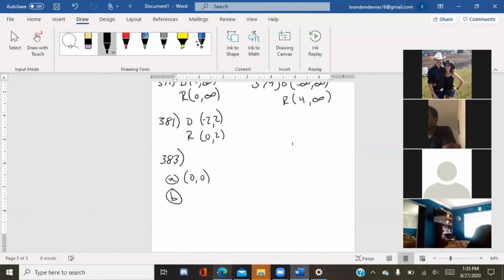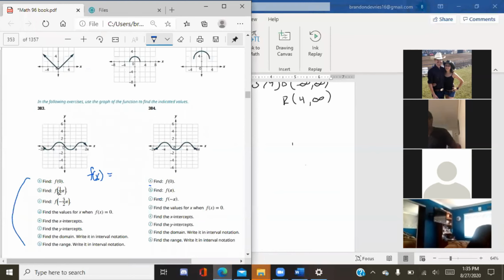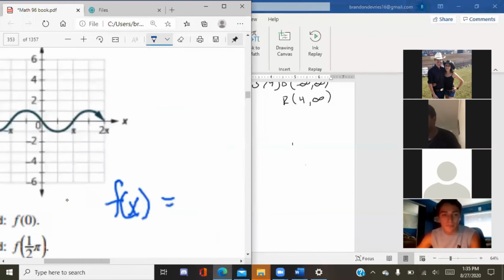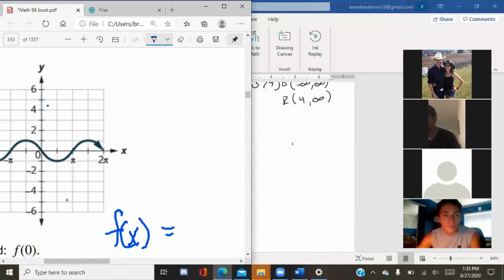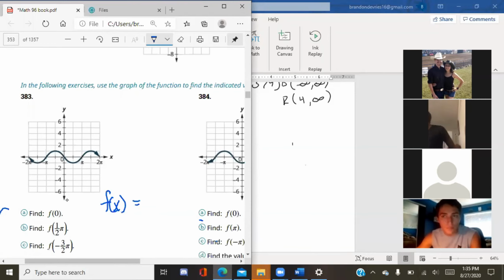And so B is find f of half times pi. So half times 3.14, right? I'm not so sure about that because if you look on the x-axis, there's a 2 pi and then a pi. Where do you see 2 pi? Oh, that is pi. I thought that was an x.